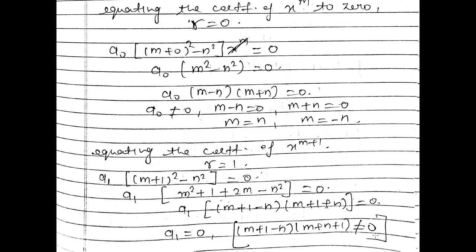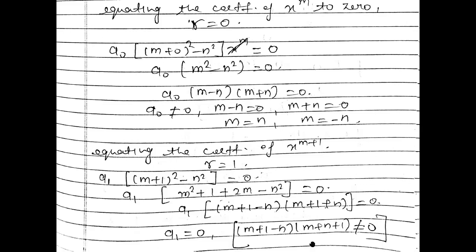So we can see here that if we put this bracket equal to 0, our condition will fail, because we have m is equal to n here. When you put m is equal to n, that whole condition will be 0, so 0 into this bracket is equal to 0, and our condition will fail.